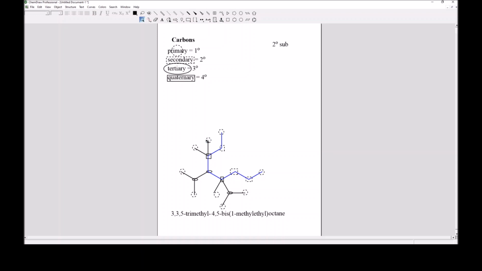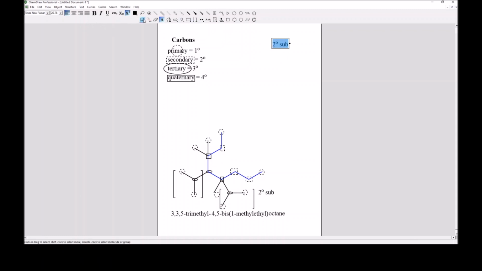I don't have to worry about calling this any type of substituent. It's just a methyl group. So instead, I'm just going to focus on those that aren't methyl groups. This right here is a substituent that I need to come up with, and this right here is a substituent that I need to come up with. Both of those substituents are attached via a carbon that is currently tertiary, which means it used to be secondary before it was added into the system. So these are secondary substituents.